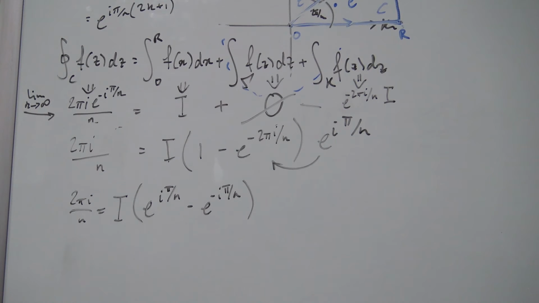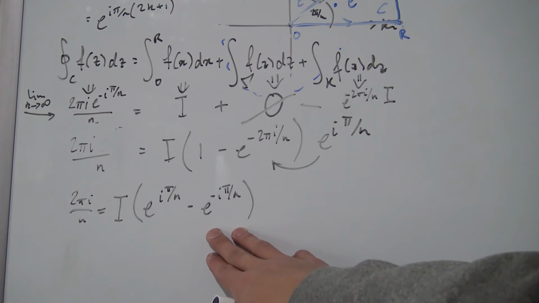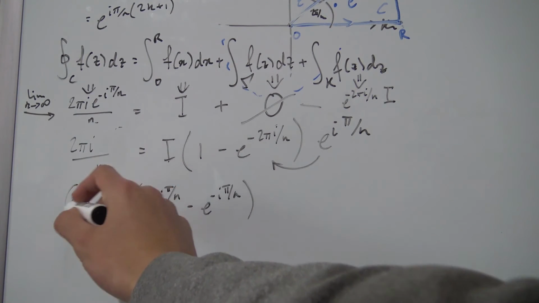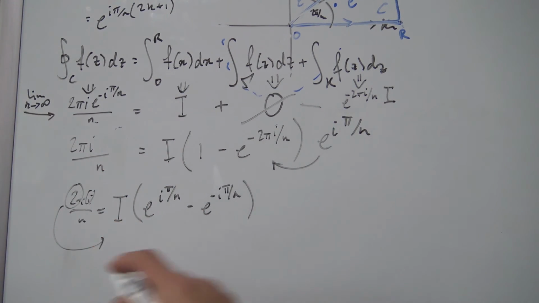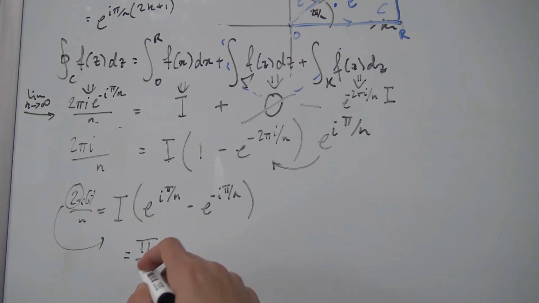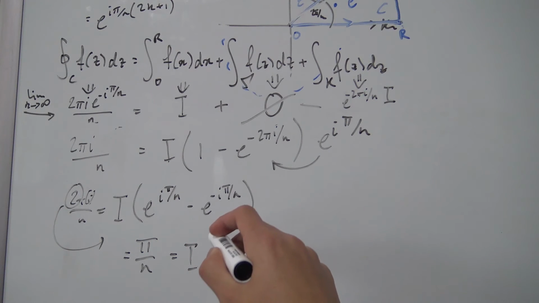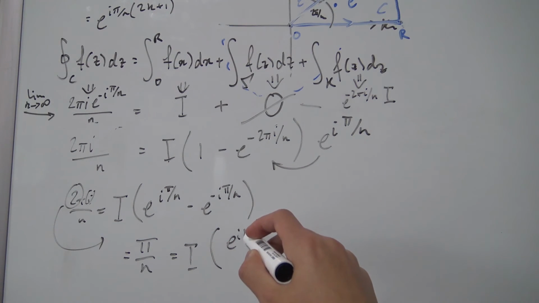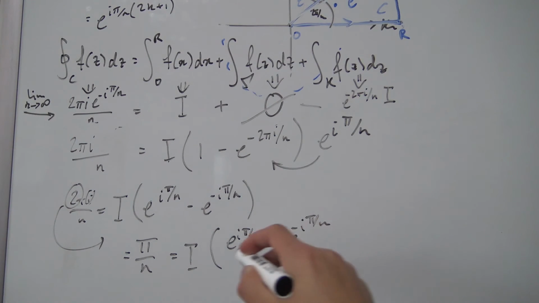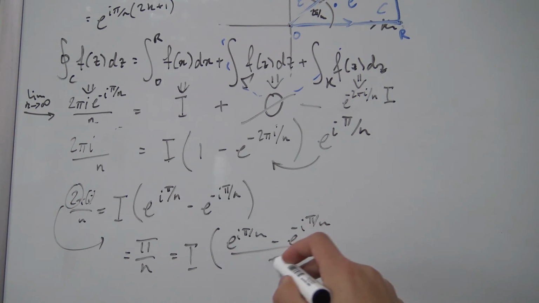So let's continue with this. What we're really missing down here is a 2i, and we can grab that 2i from right here. If we bring that onto the other side, we end up with pi over n being equal to I times e to the i pi over n minus e to the minus i pi over n, all divided by this 2i right here.